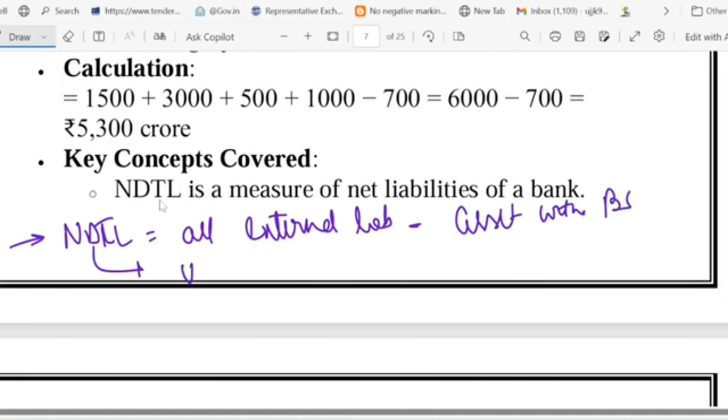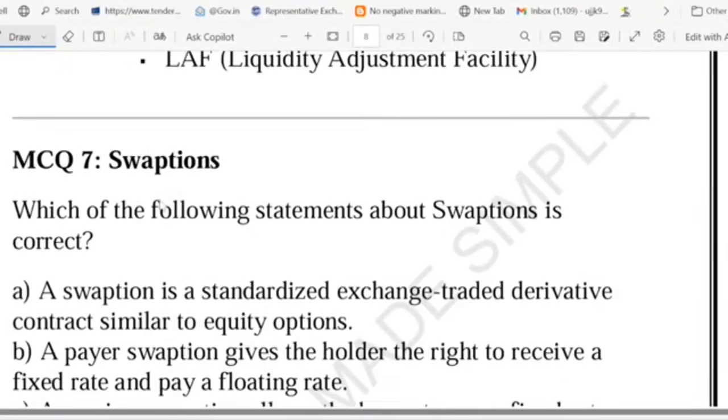This is a quite useful technique for calculating CRR, SLR, LAF, liquidity, etc. Deposits with other banks are excluded. This concept is very important in monetary policy and regulatory compliance. So whenever you see NDTL in a banking system, remember it is what the bank owes to the outside world after removing its own money parked with other banks. I hope you have mastered the concept of NDTL using this explanation.